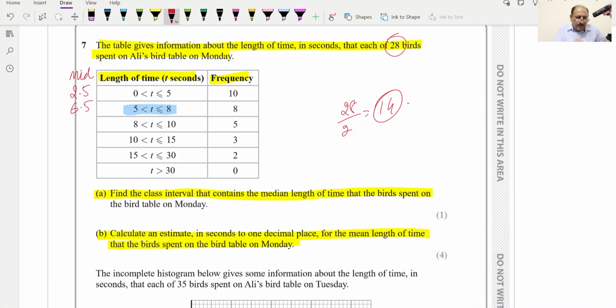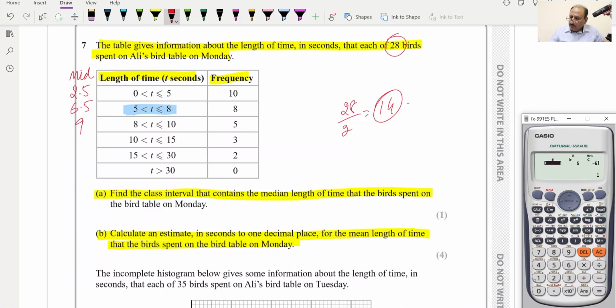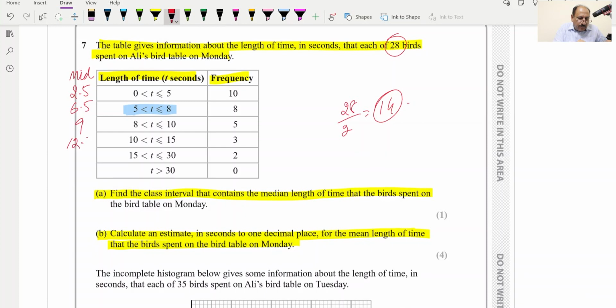And for 10, 18 will be 9. Then 15 plus 10 will be equal to 25, so divided by 2 will be 12.5. Next is 45, so 22.5 we can write here.